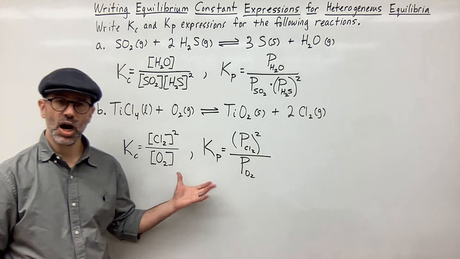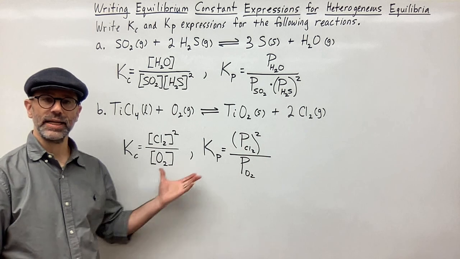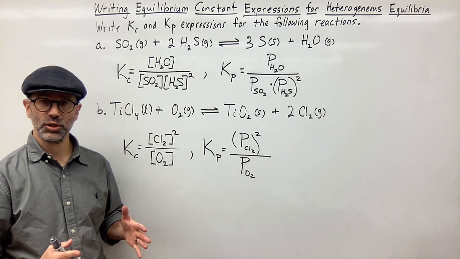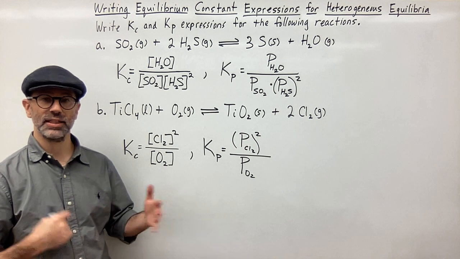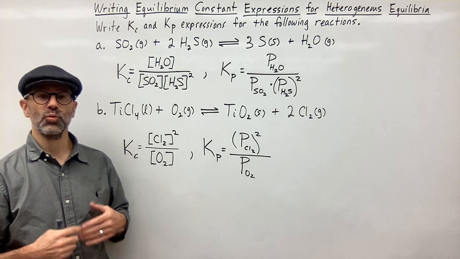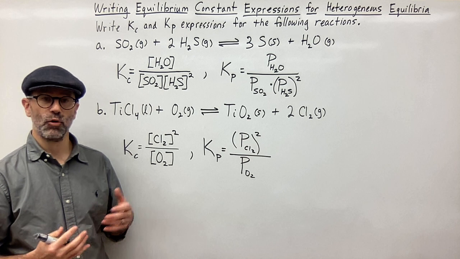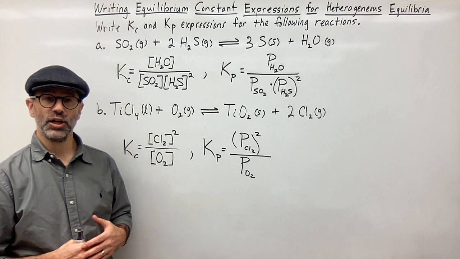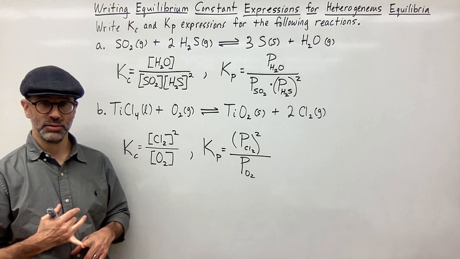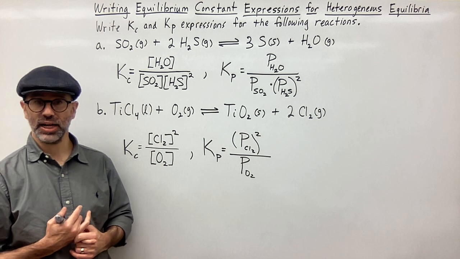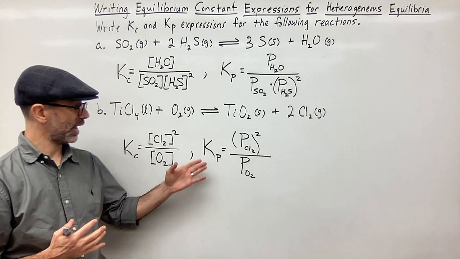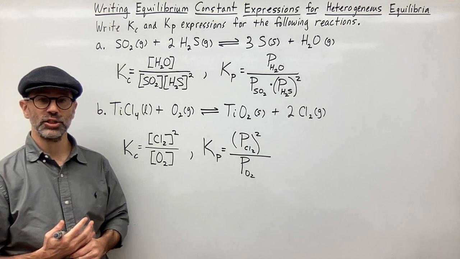And so these are the expressions for Kc and Kp for these reactions. Again, if you have a heterogeneous equilibria, that means you're going to have solids and liquids also mixed in with gases and aqueous. When you write your K expression for your given equation, you're going to include everything except for solids and liquids, because solids and liquids are not going to change concentrations, and therefore we're not going to put them into our equilibrium expression.